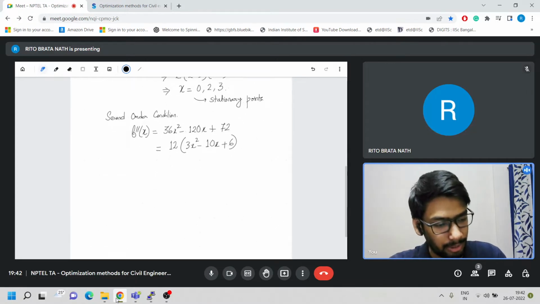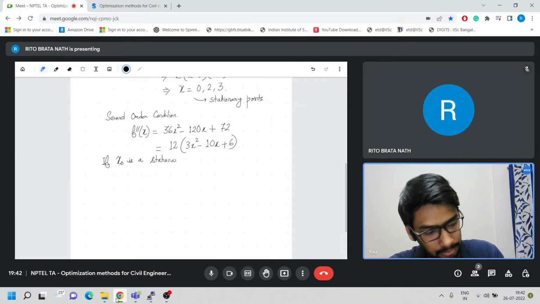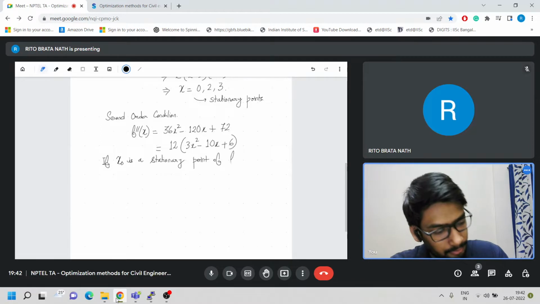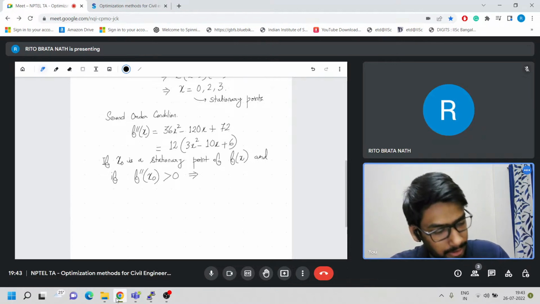If x naught is a stationary point of f(x), and if f double prime x naught is greater than 0, that will imply that x naught is the minimum point.